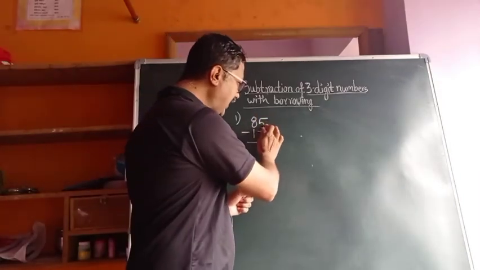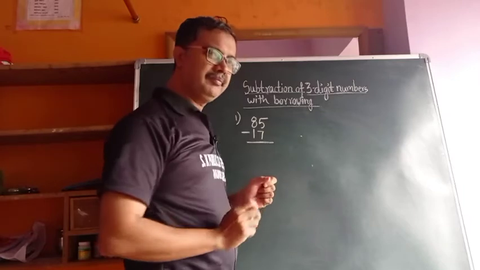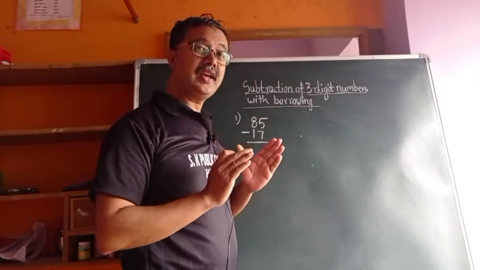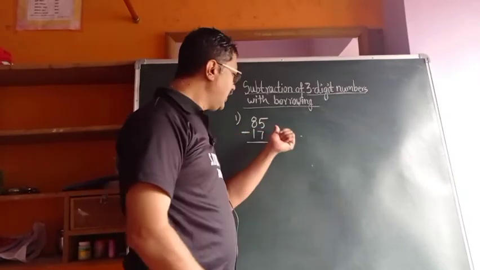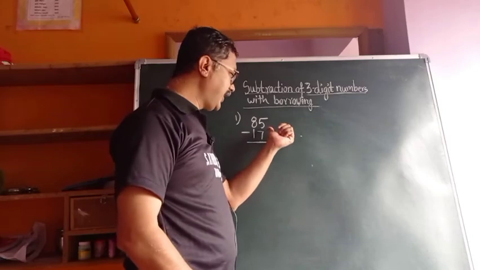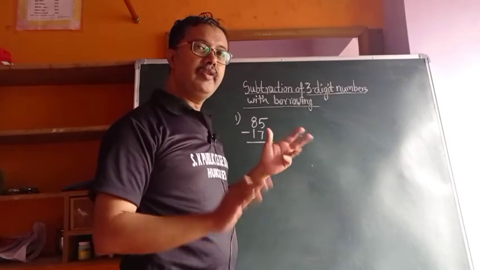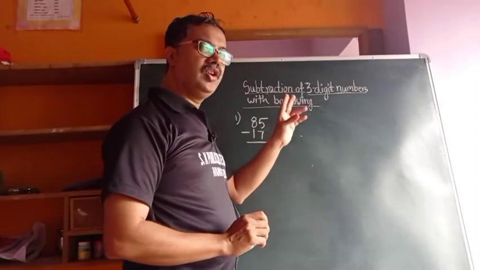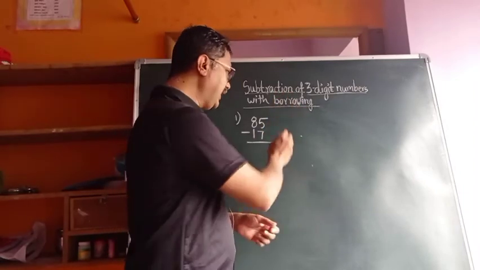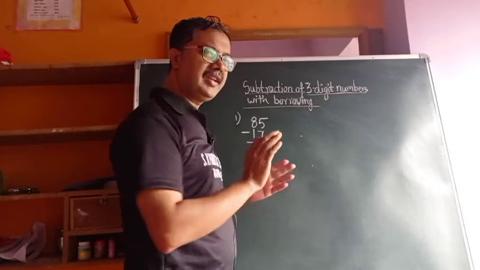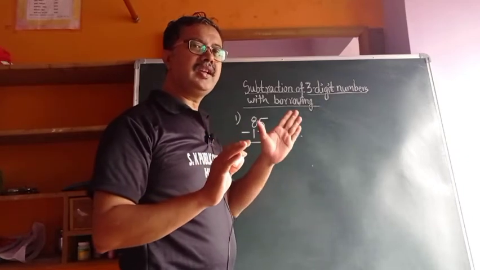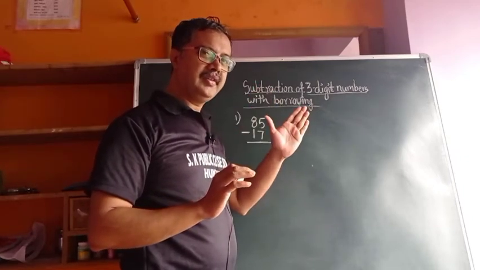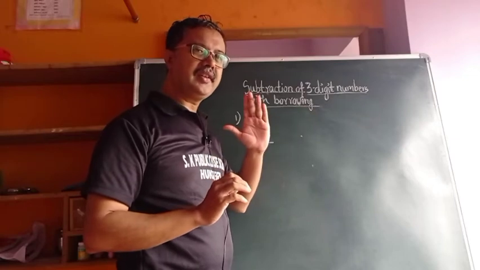First, you have to see the upside number and downside number. You have to compare the upside digit and downside digit. Which one is the biggest? If the upside number is big, that time don't worry about borrowing. Directly you can subtract.